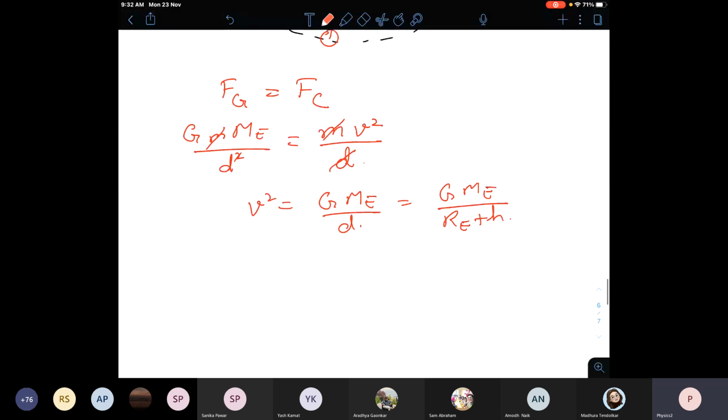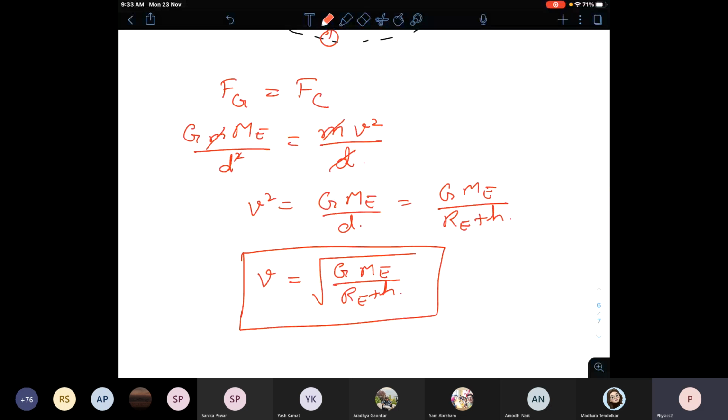So from here you get the velocity of a satellite in an orbit at height h: v is the square root of G M upon Re plus h. This is the formula for the speed of a satellite in an orbit at a height h from the surface of Earth.